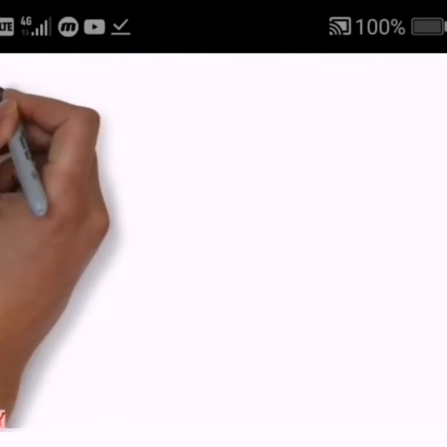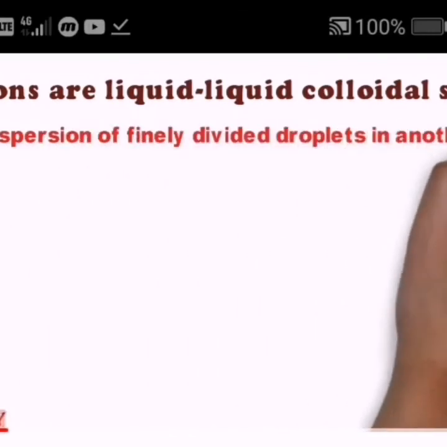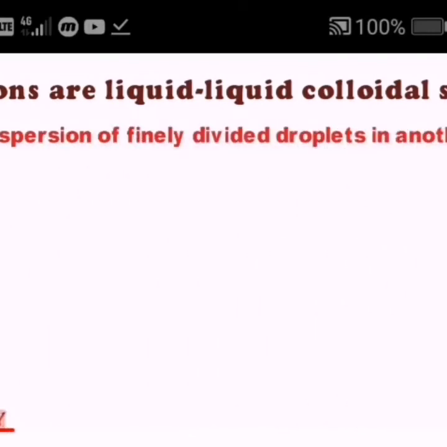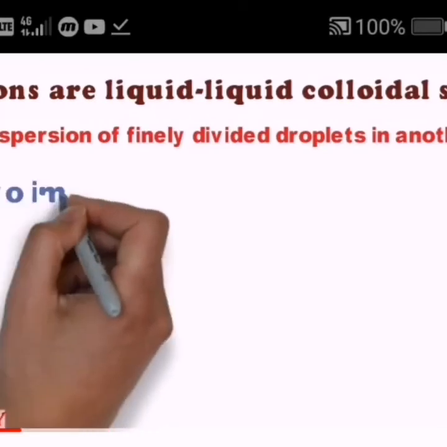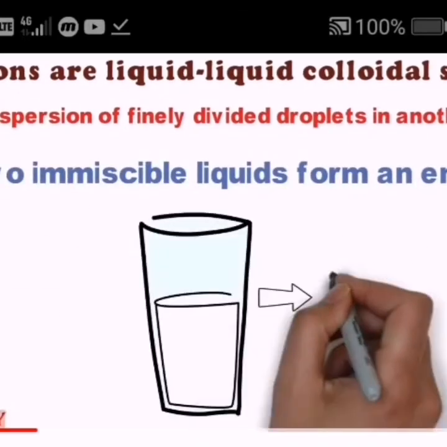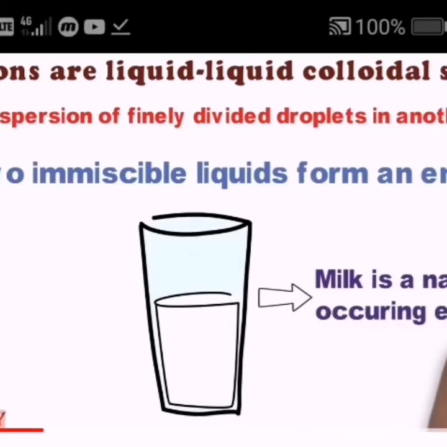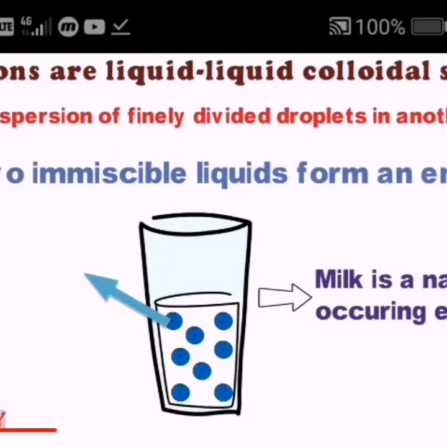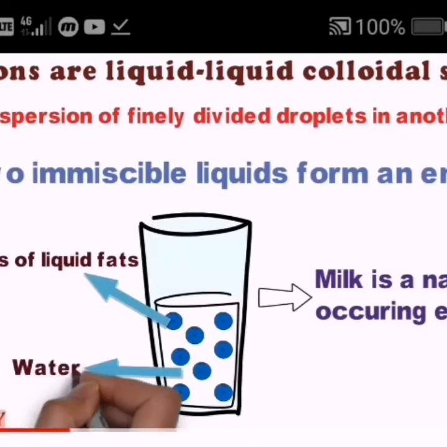Emulsions are liquid-liquid colloidal systems, that is, the dispersion of finely divided droplets into another liquid. It may be noticed that any two immiscible liquids form an emulsion. Look at the example. Milk is a naturally occurring emulsion in which the particles of the liquid fats are the dispersed phase and the dispersion medium is water.